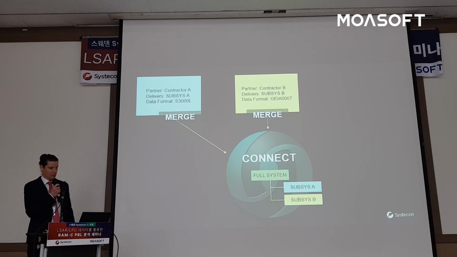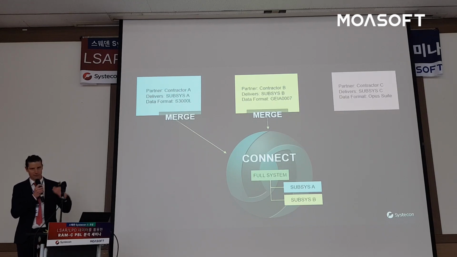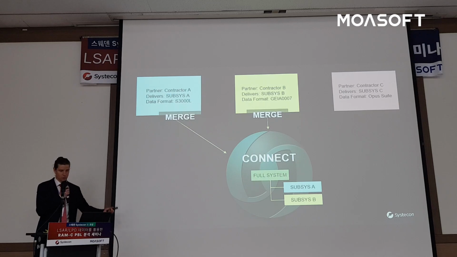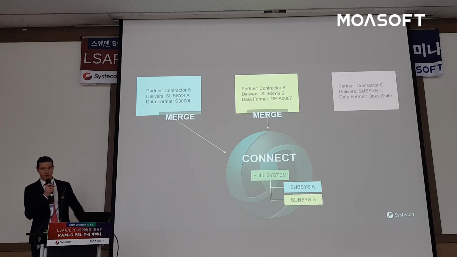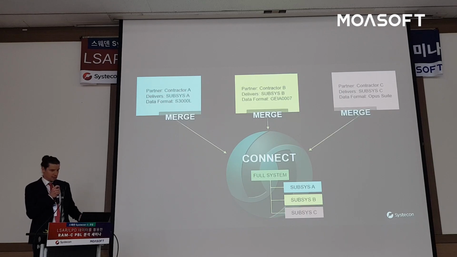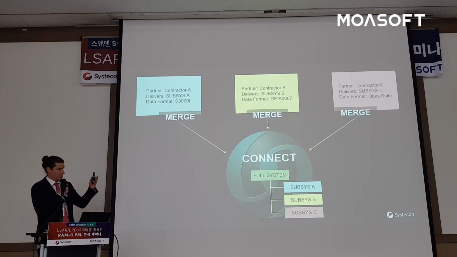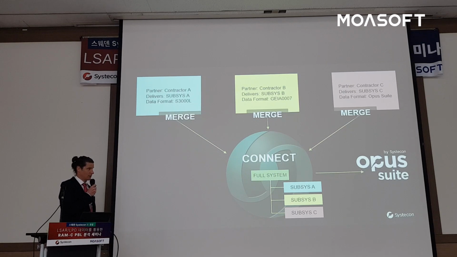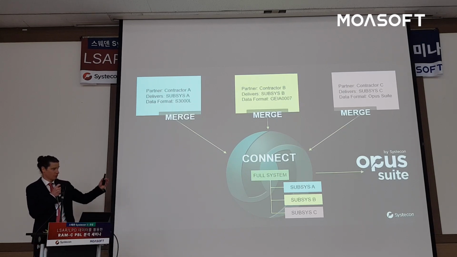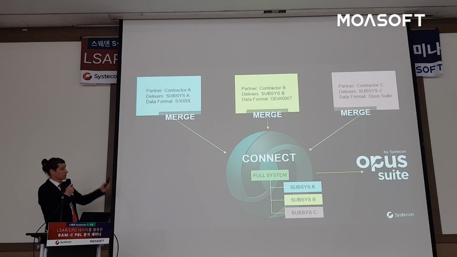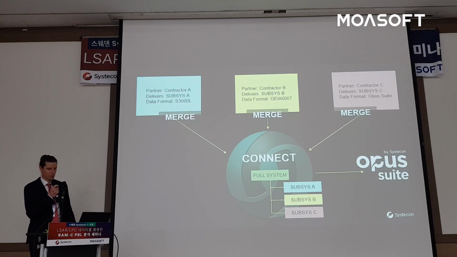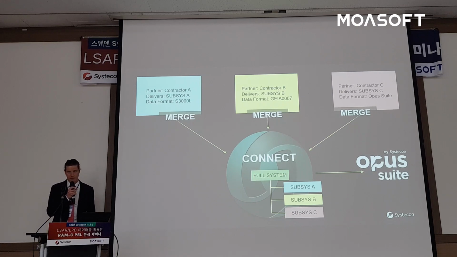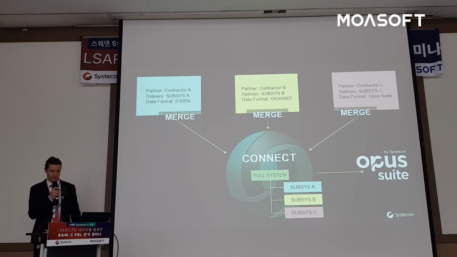In the last example, we might have a third contractor that also works with Opus Suite, so they provide us with input files ready for the Opus Suite. What's nice is that we can again just take it in, merge it into our full system model, and ultimately get out a complete model for all three sub-suppliers, even though they provide us with data in different formats. So again, it's about streamlining and making this process more efficient.